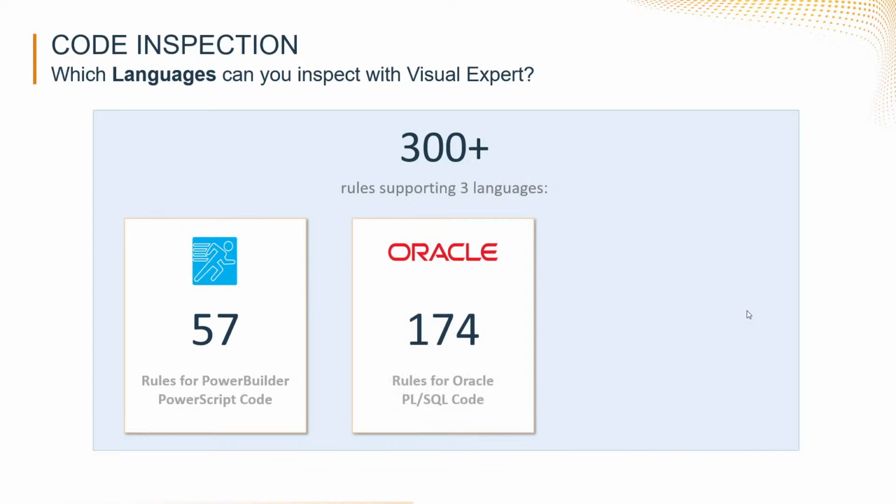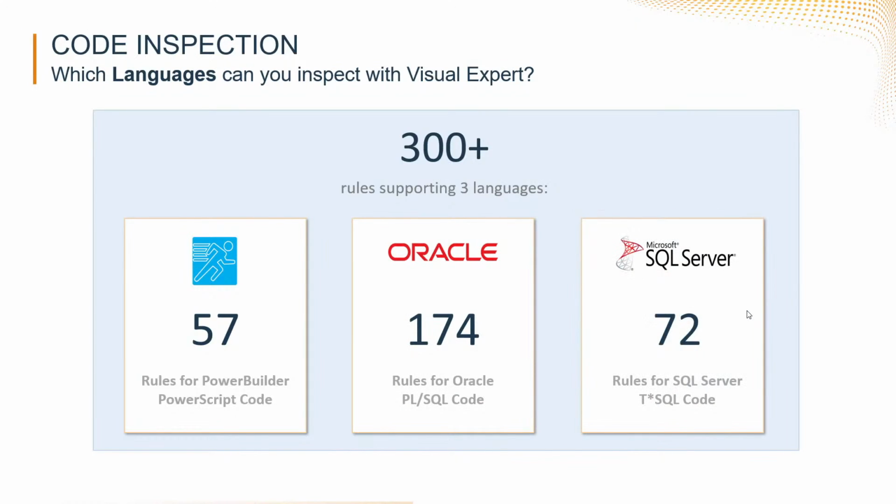You can analyze Oracle PL/SQL code, and you can also analyze SQL Server Transact-SQL code. The goal would be to review the entire scope of your application, both the front end with PowerBuilder and the back end, database structure and database code as well.